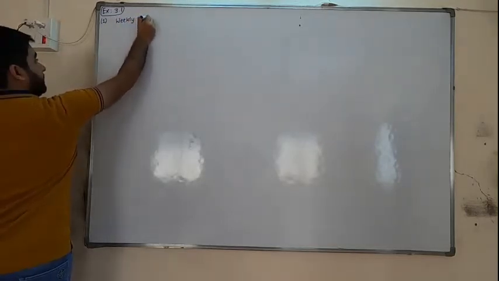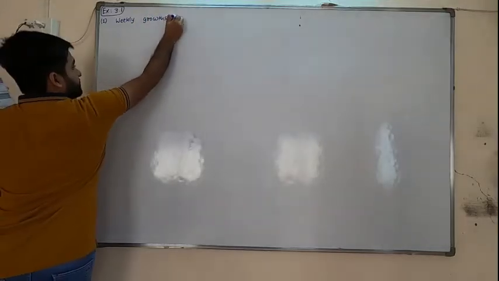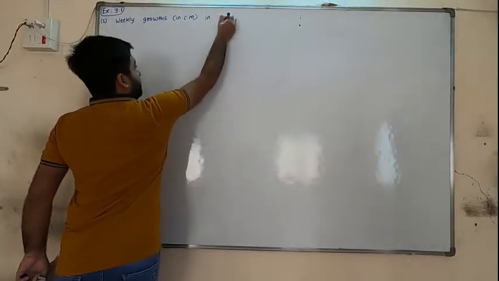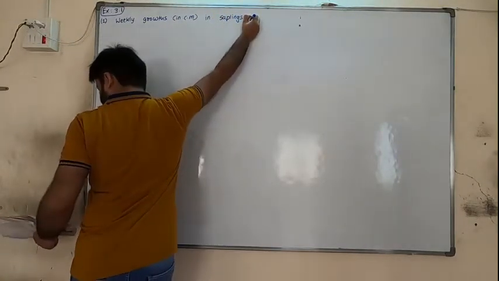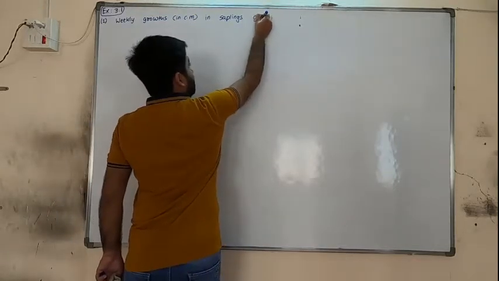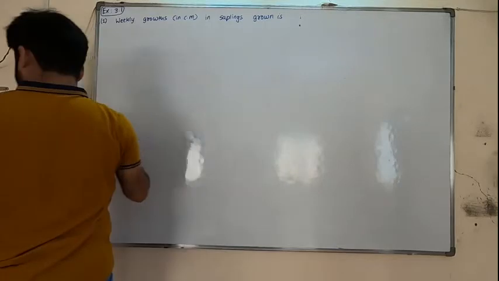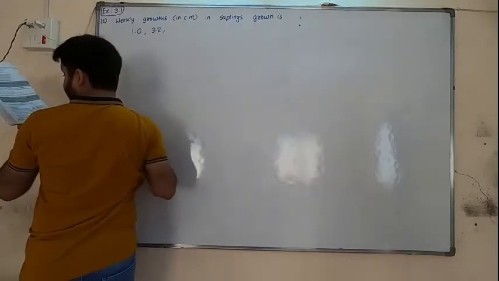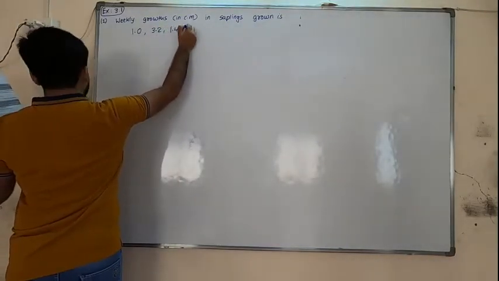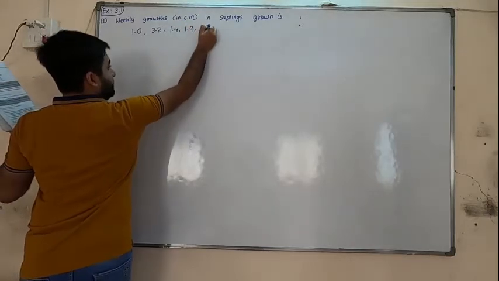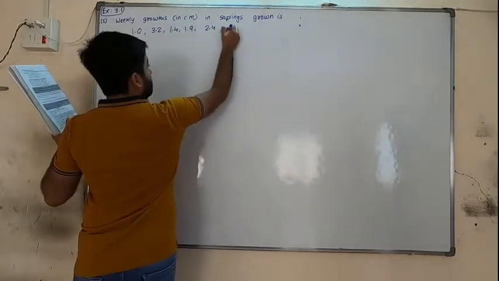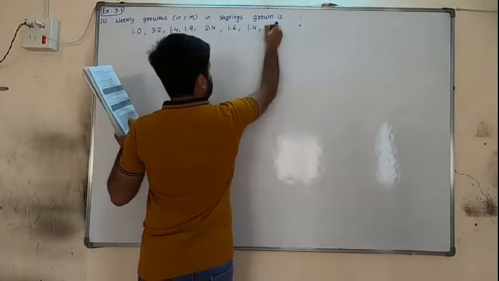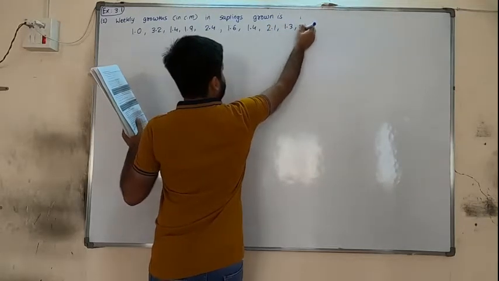Weekly growth in centimeter in saplings grown is 1.0, 3.2, 1.4, 1.9, 2.4, 1.6, 1.4, 2.1, 1.3, 1.5.